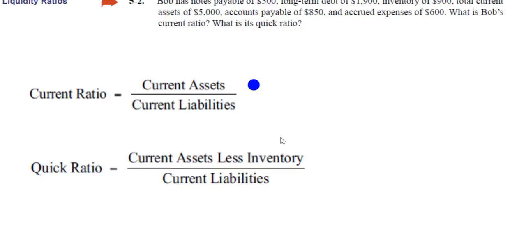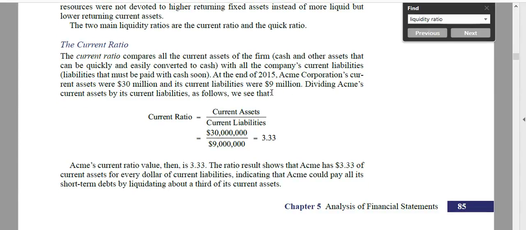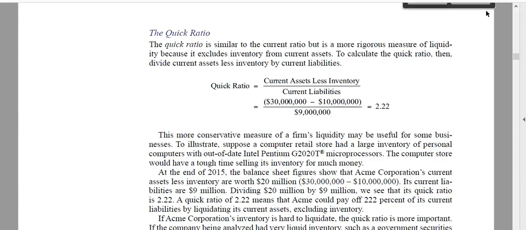And now we want to look at the quick ratio, which you can read about down on page 86. And the quick ratio is simply a more rigorous measure, because it excludes your inventory from your current assets.